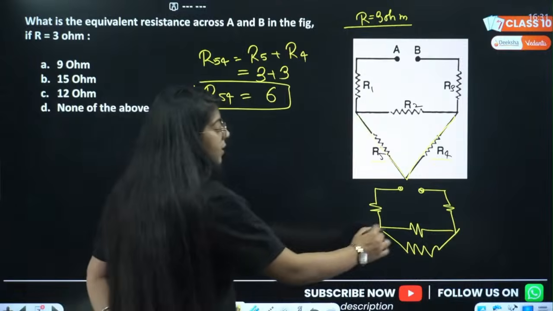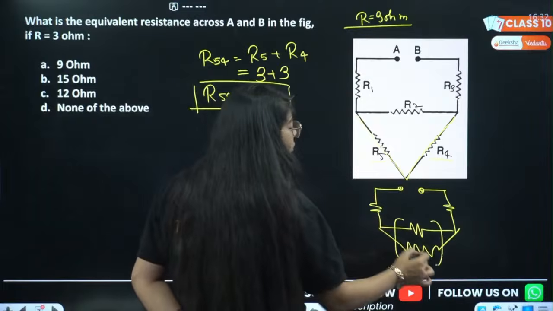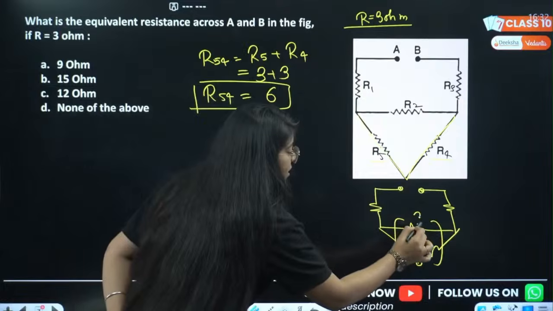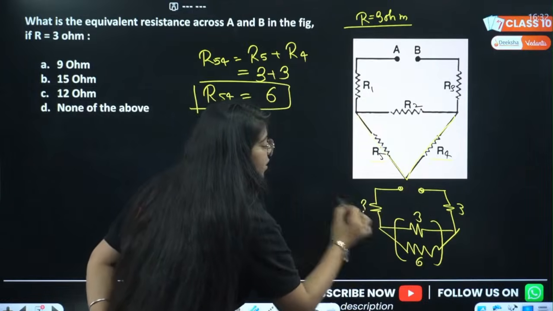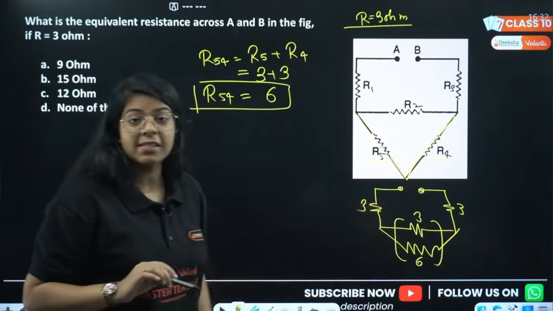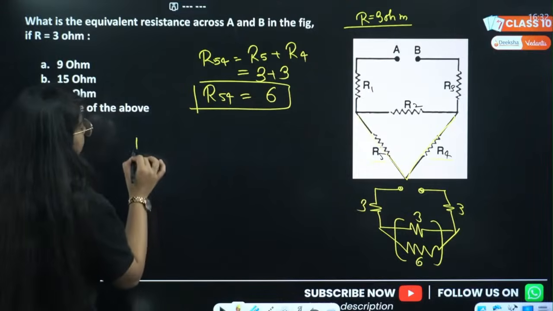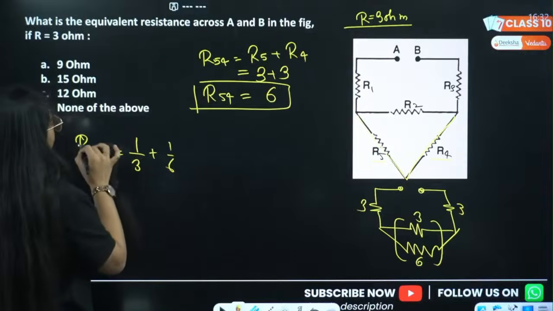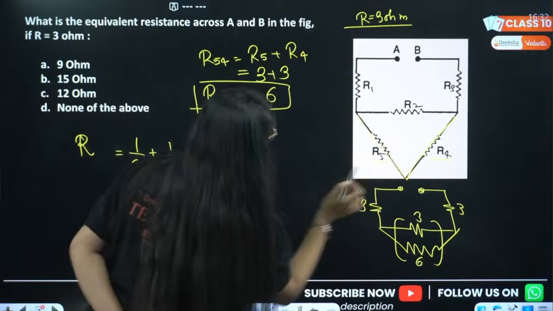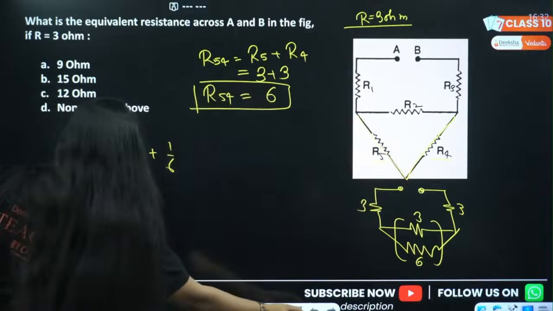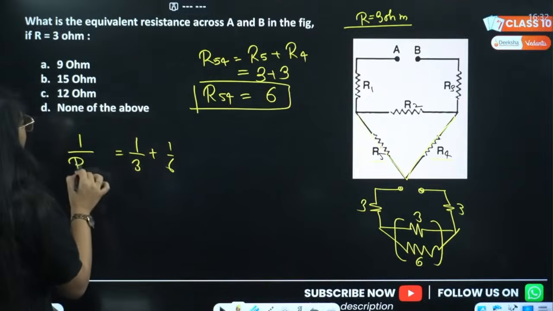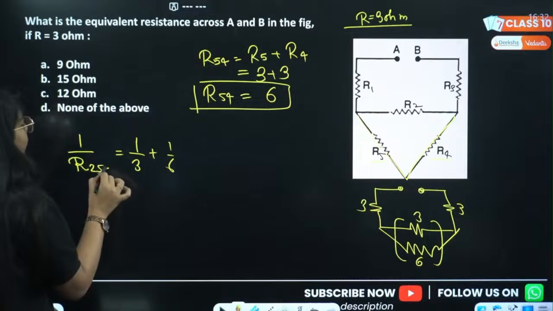Now look, these two are in parallel now. This is now 6 ohm, this is 3 ohm, this is 3 ohm, this is 3 ohm. So this 3 and this 6 are in parallel. So can I write 1 by 3 plus 1 by 6 equals 1 by R254?